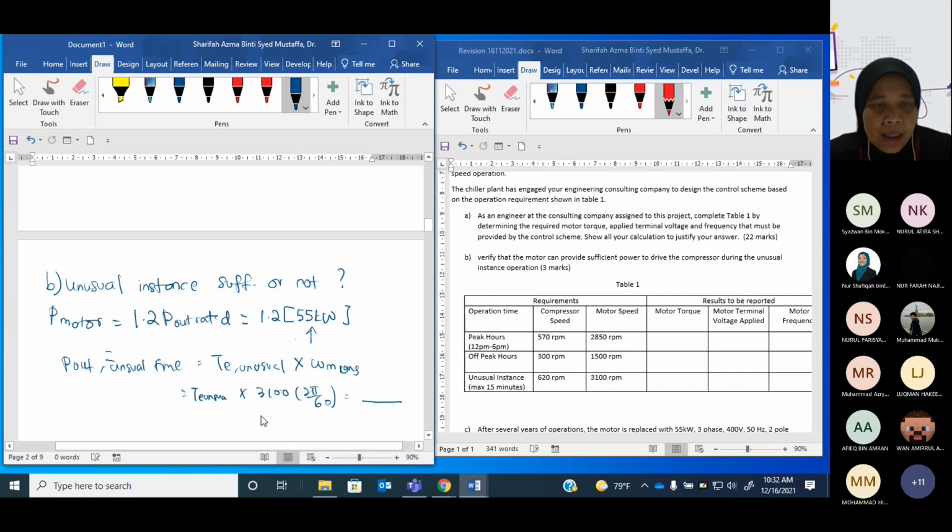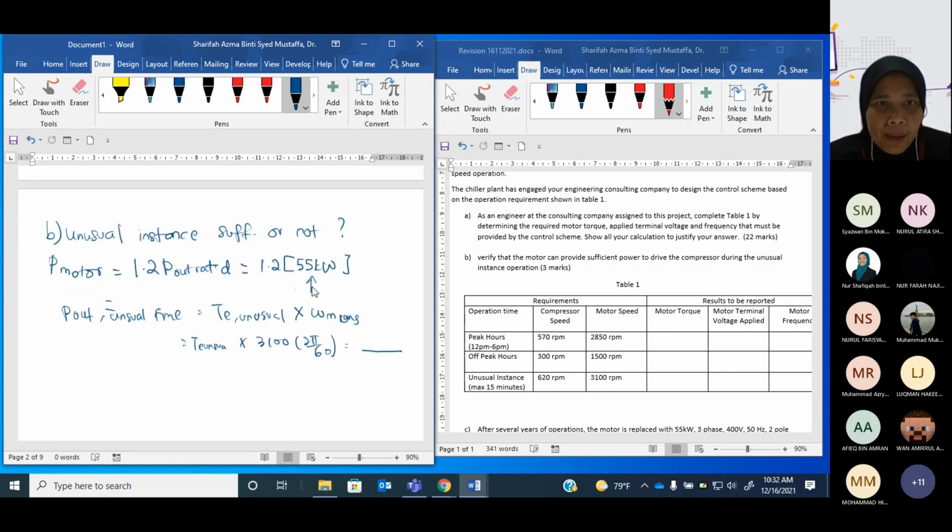So you compare dengan your rated ni, this value, you compare. So you can answer whether it can provide sufficient power to drive the compressor or not. Okay, so P out yang unusual, you compare dengan P out rated.